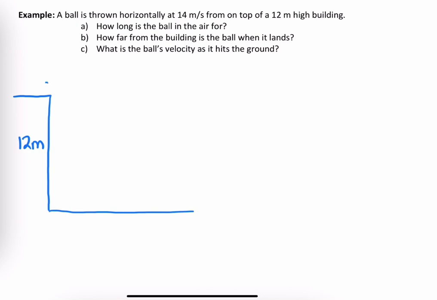Ball is thrown from up here, and the ball does that, hits the ground over there. And its initial velocity, I can draw that out just like we did before. It's 14 meters per second.